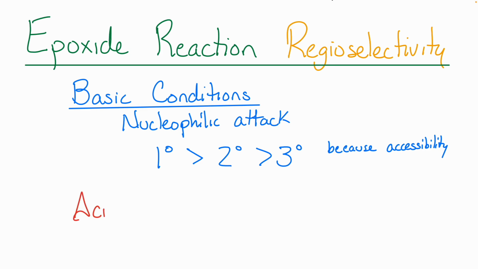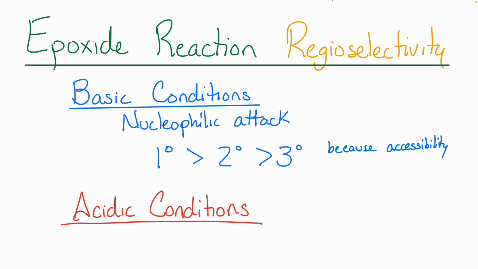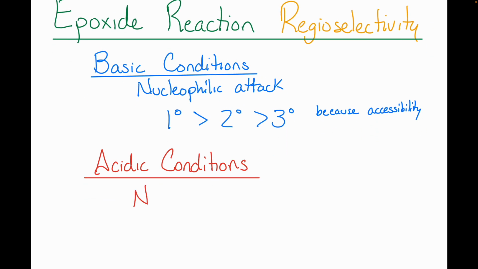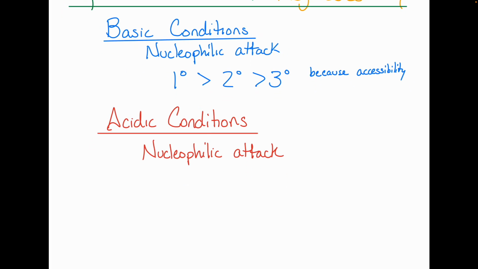Under acidic conditions, when we're talking about our nucleophilic attack, it's actually the tertiary carbon that's preferred first.